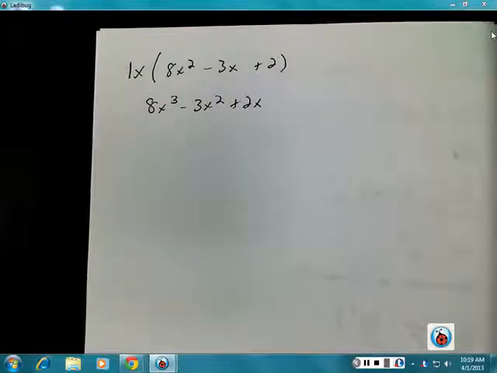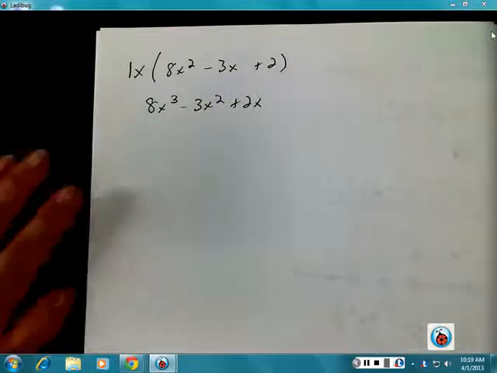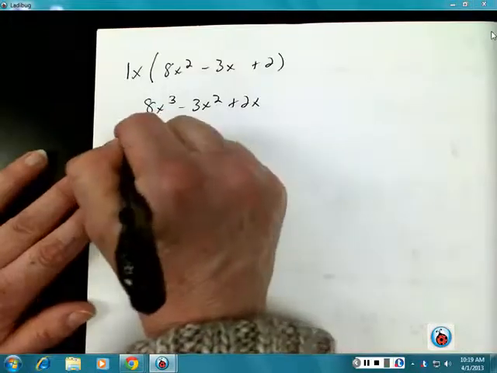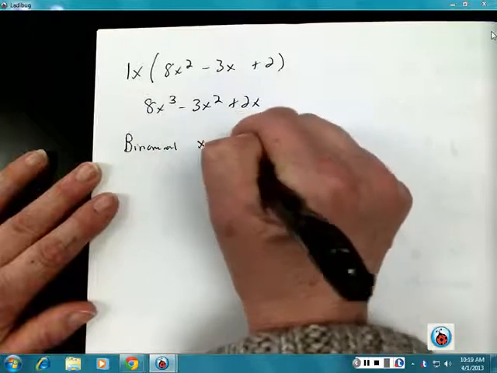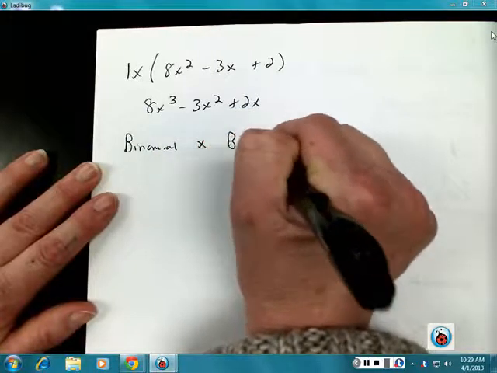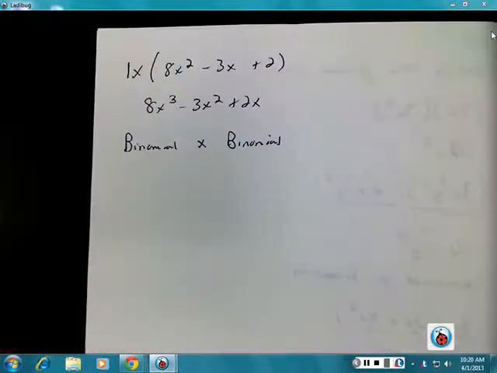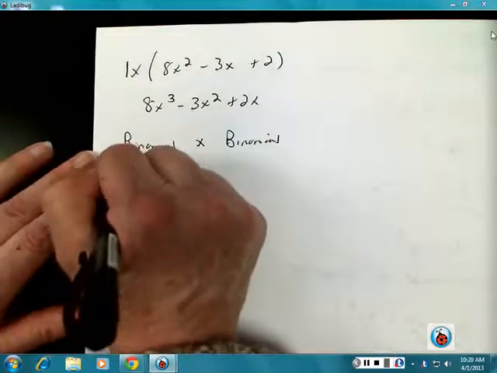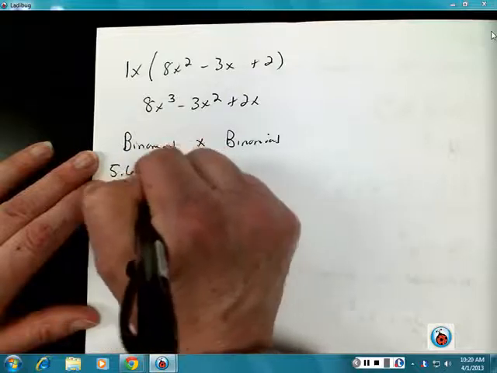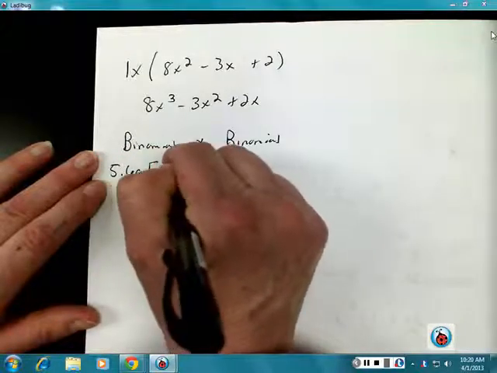Now, in this section, they also give you a binomial multiplied by a binomial. But they don't talk about FOIL, and we're going to talk about FOIL at the same time. FOIL is actually brought up in 5.6a.